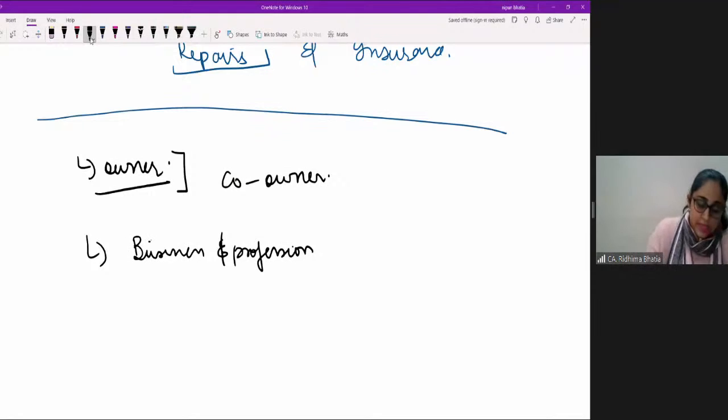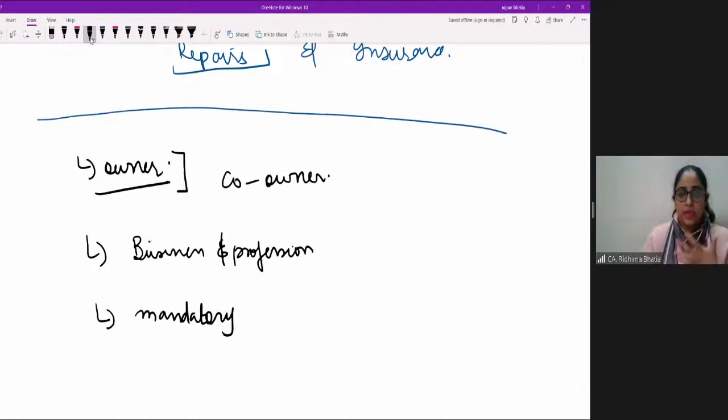Clear? Then another thing is depreciation is mandatory to claim. What is mandatory? Let me give an example for section 44AD. Under section 44AD, you just take the direct profit.